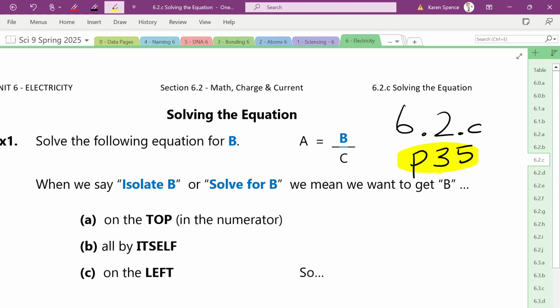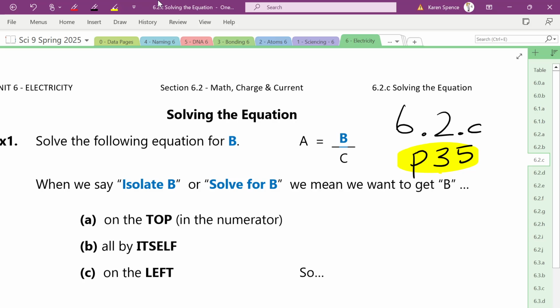Now, if you are already good at algebra, you don't need to do this my way. You can just do it your way, okay? I'm going to teach one method of solving these problems because I find that if people are not good at algebra, this method makes it easy. It makes it hard to make mistakes as long as you follow the method.